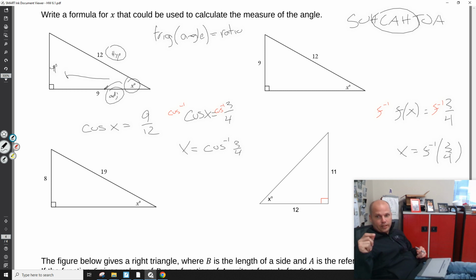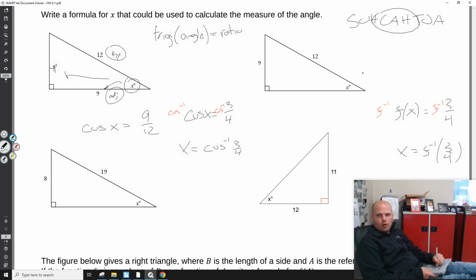Boom. You'd look at 0.75 and find the cosine inverse of it. But no, we're just going to leave this answer like that and be okay with it. You can get a numerical answer, but right now we're just going to be comfortable with that's my angle, inverse cosine of 3/4.